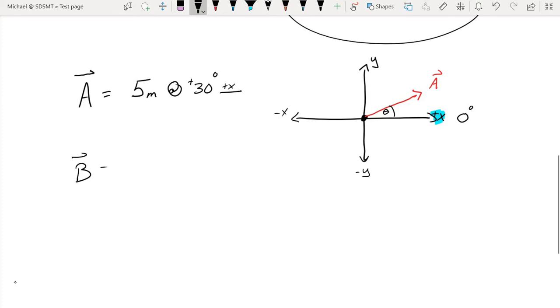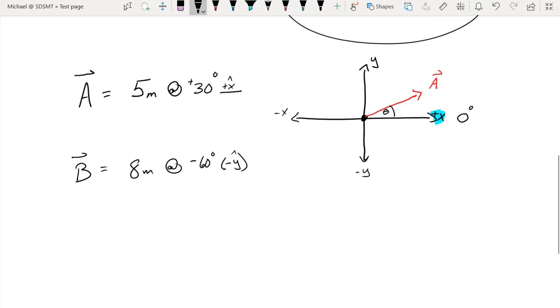We'll say vector B equals 8 meters at negative 60 degrees from the negative y-axis. And technically we should put a little caret on top of the labeling for the axes, because that indicates the axis direction that we're going to measure from.